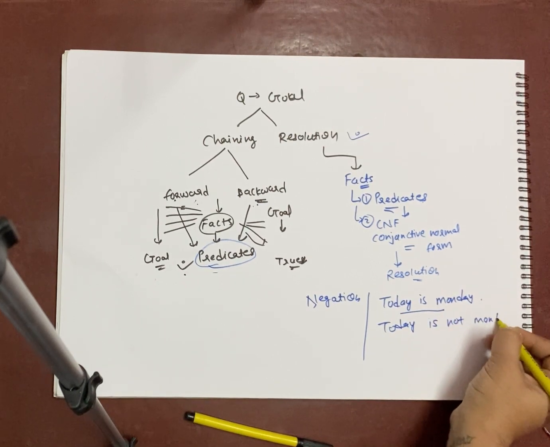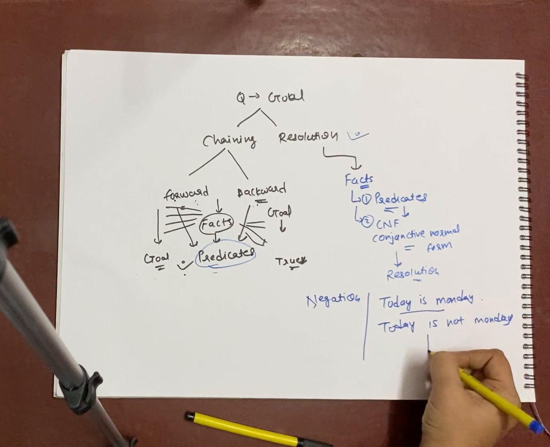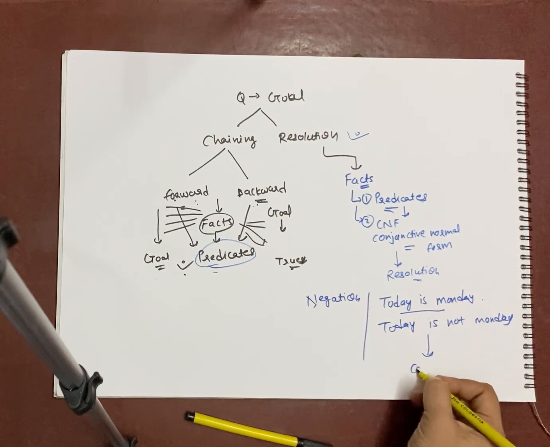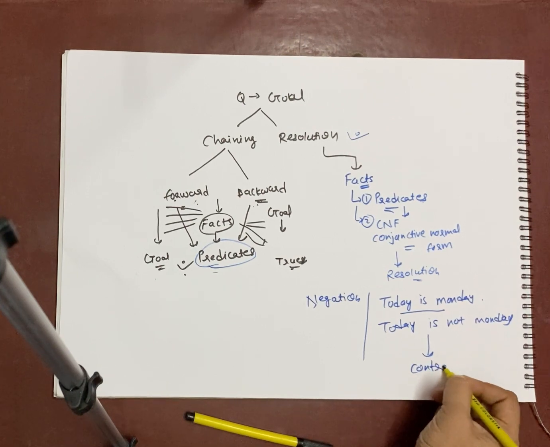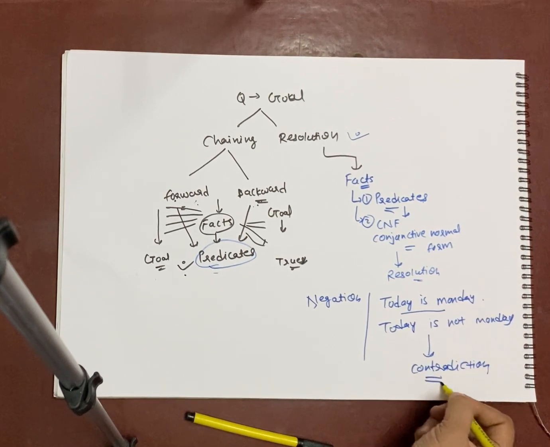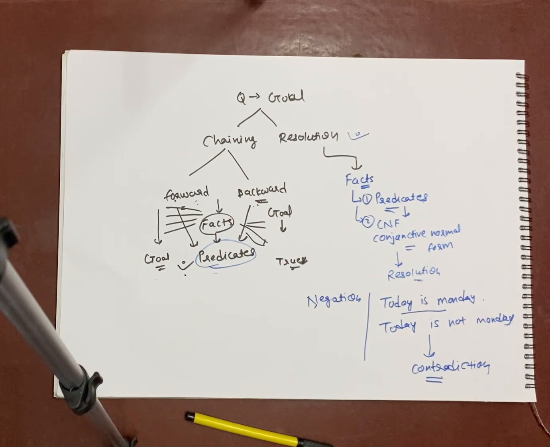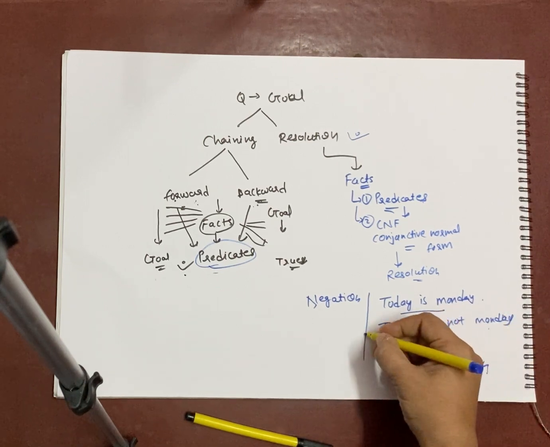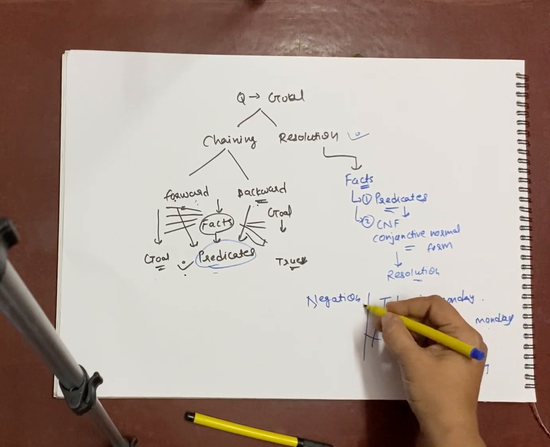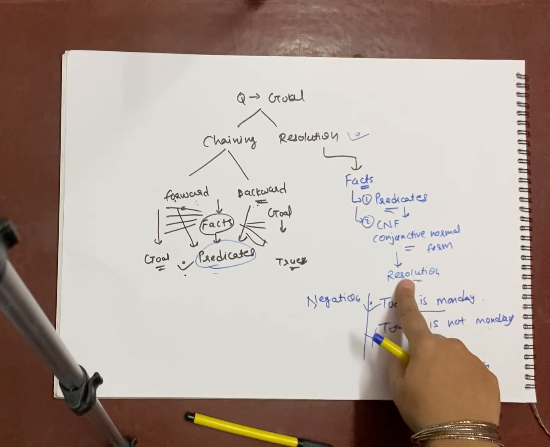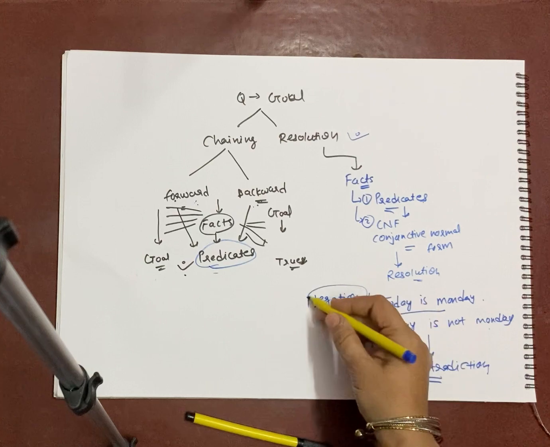Then, using the facts and all the supports of the facts, I will ultimately find a contradiction. As I have reached a contradiction using all the facts I already have, I prove that "today is not Monday" is false, and hence what is true? Today is Monday. Are you getting this? So basically resolution works on the basis of negation.